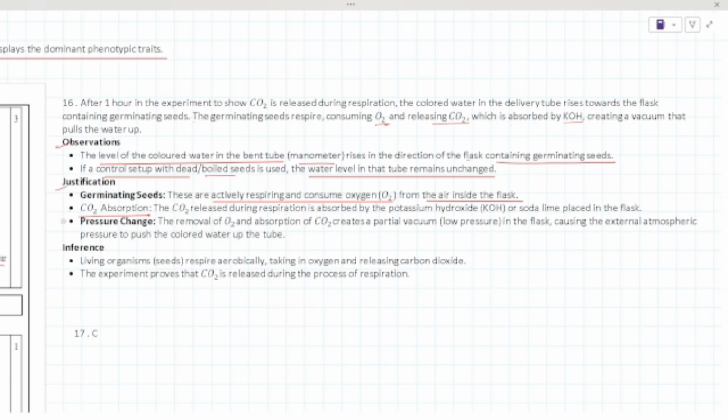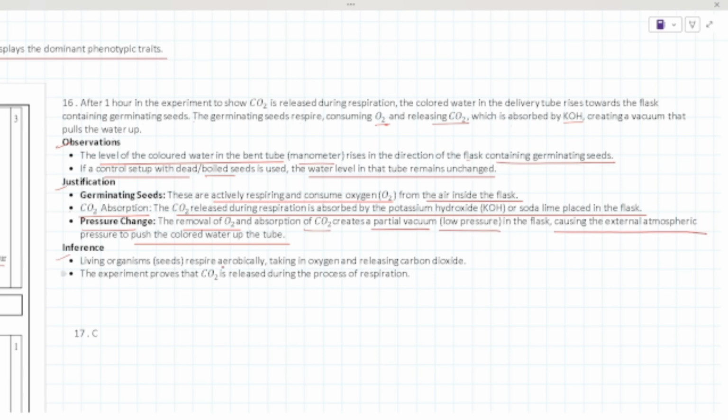CO2 released during respiration is absorbed by potassium hydroxide KOH or soda lime placed in the flask. After that, the pressure change, removal of O2 and absorption of CO2, creates a partial vacuum, right? So the pressure in the flask drops, causing the external atmospheric pressure to push the colored water up the tube.